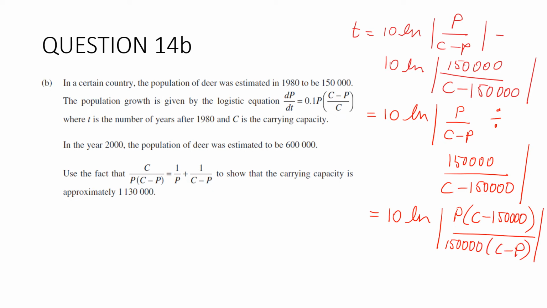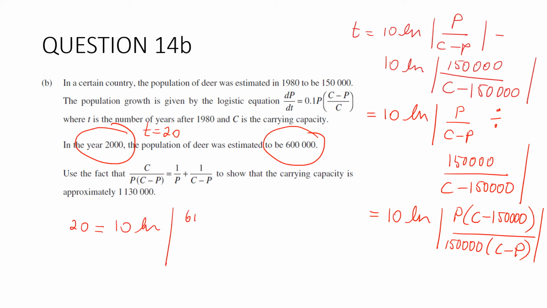Okay, in the year 2000, the population was estimated to be 600,000. So this is t equals 20. So 20 equals 10 ln. P is now 600,000. C we don't know.